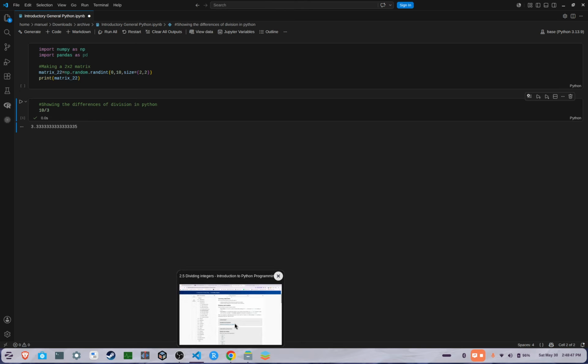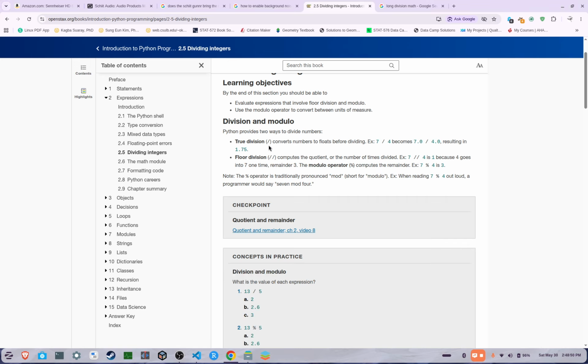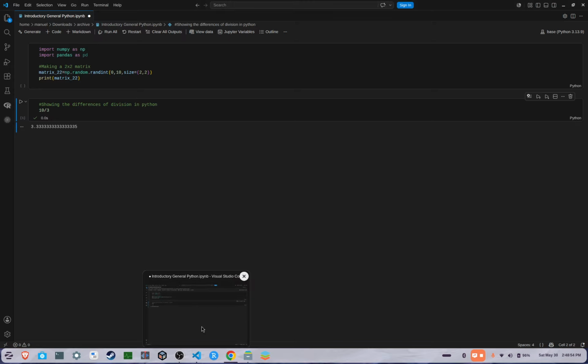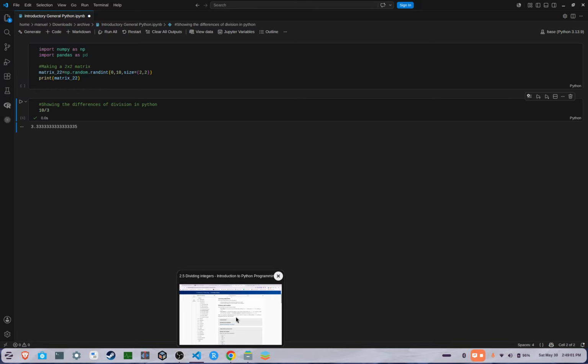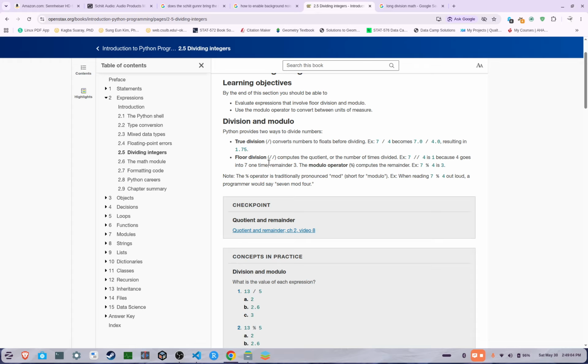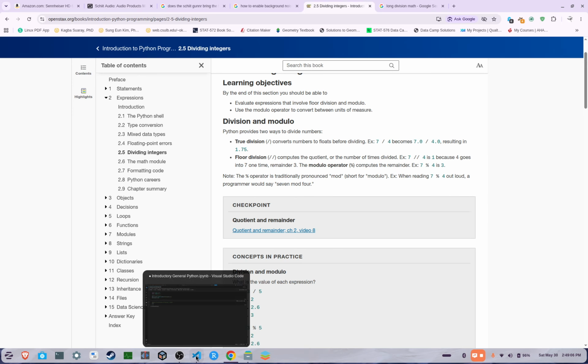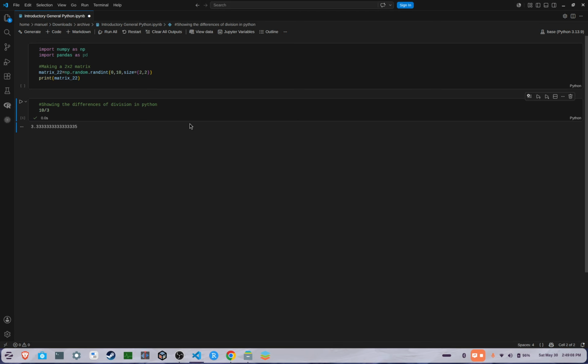Now, let's look at this textbook. We have true division, which as we saw gives us 3.333, and so on. There's also something called floor division, and I will demonstrate what that does. Floor division calculates the whole number. So let's see, 10, 3.